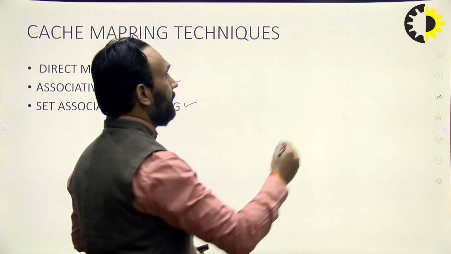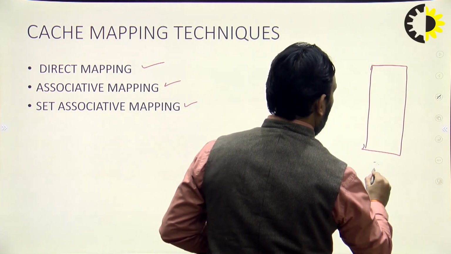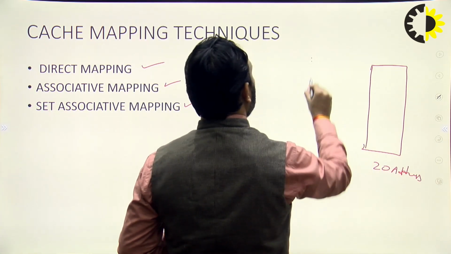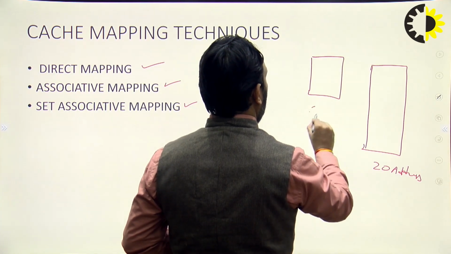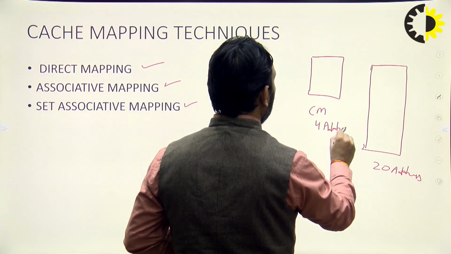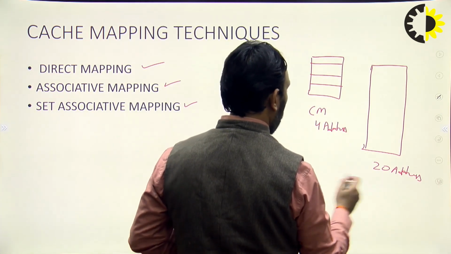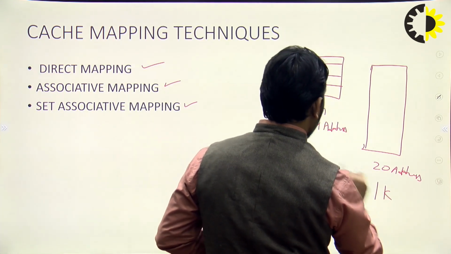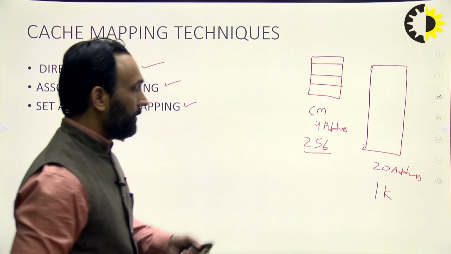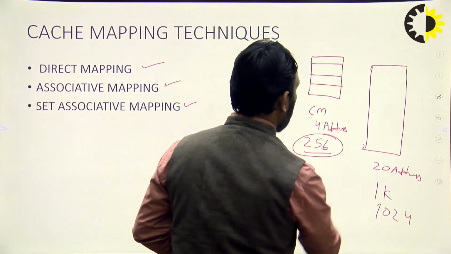For example, if the size of main memory is 20 addresses, for example, and the size of cache memory is 4 addresses. If we talk in terms of MB or KB, the main memory is 1K and the cache is 256. Okay, means it consists of 1024 and it consists of 256 addresses.